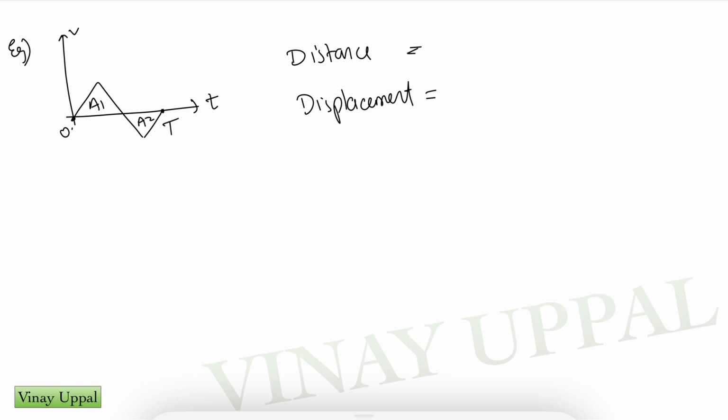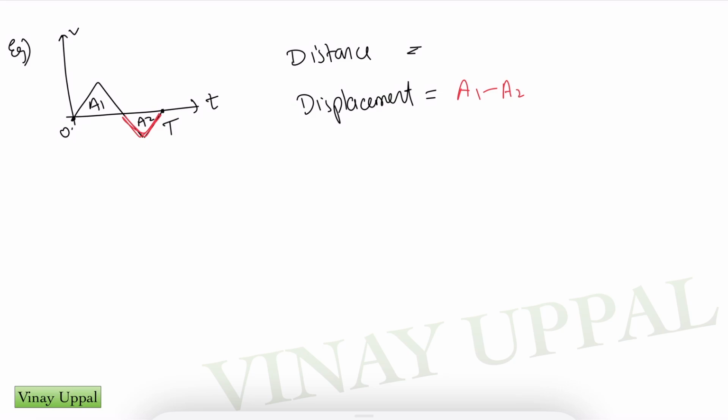If I look at displacement, it is simply the integral of v dt, which is basically the area under the graph here. Here we have to realize that in the lower triangle of the graph, we will have to put a negative sign with A2. That is because the velocity in this region, the red region, is negative. So displacement in that region will also be negative. So my total displacement from 0 to T would be A1 minus A2.